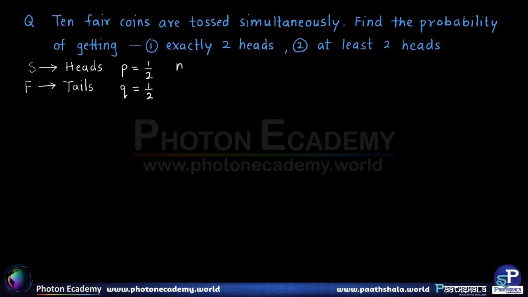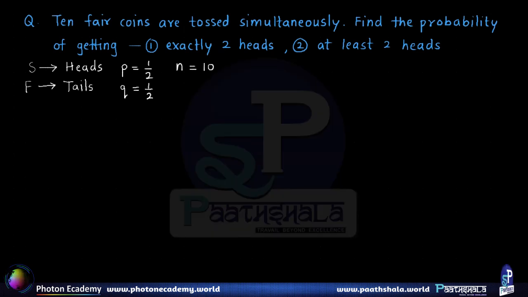Also, the number of Bernoulli trials is equal to 10 because we have 10 coins to toss. So the first question is the probability of getting exactly 2 heads. So that is the probability of x equal to 2.